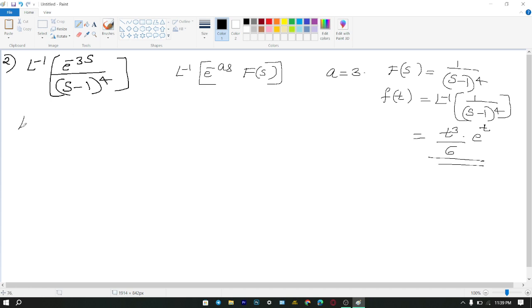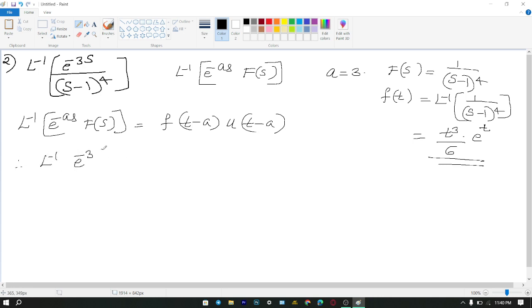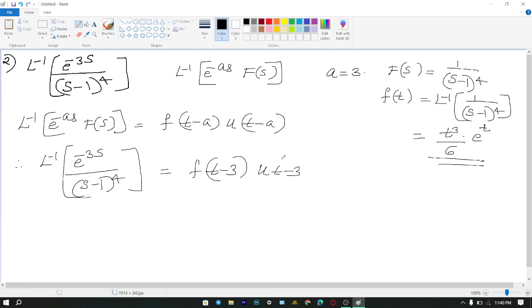Now we have the formula L inverse of e raised to minus as into F of s equals f of t minus a into u of t minus a. Therefore, L inverse of e raised to minus 3s divided by s minus 1 whole power 4 is equal to f of t minus 3 into u of t minus 3.